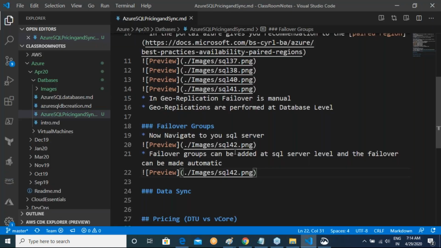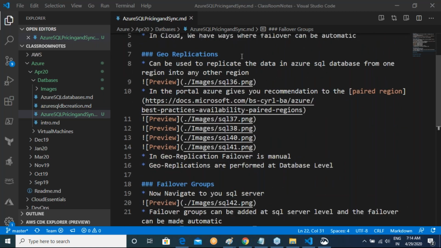Failover groups. Do we understand the difference between a failover group and a geo replication? Geo replication operates at a database level, whereas failover group operates at a SQL server level. Failover group can make your databases automatically replicable.